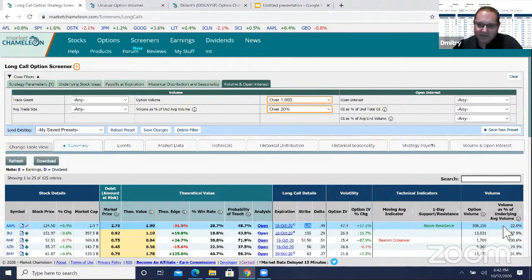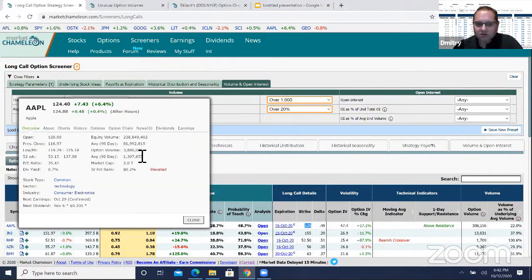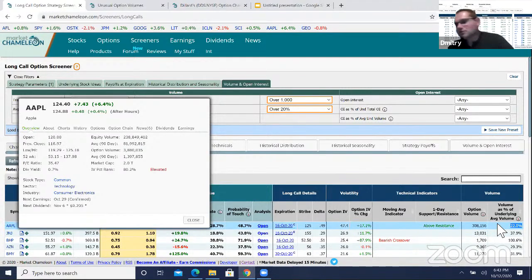Well, what does that mean? Well, let's take a look. On an average day, Apple trades 3,880,035 contracts per day, right? So just on this one line, if it traded 308,000 contracts, that's 22%.